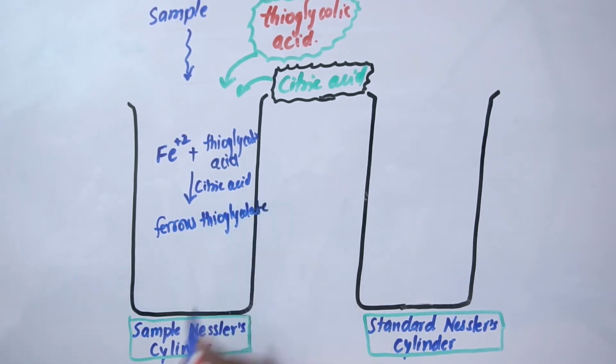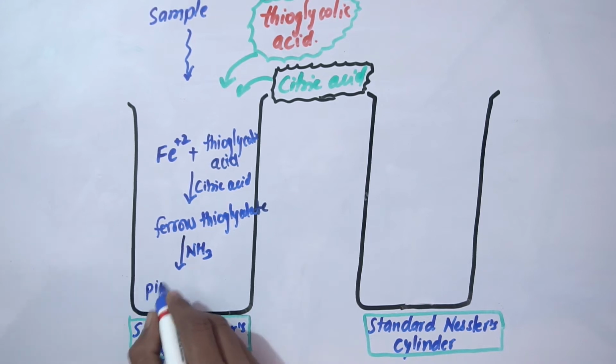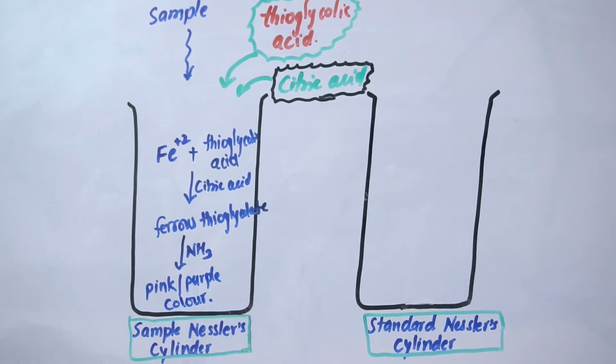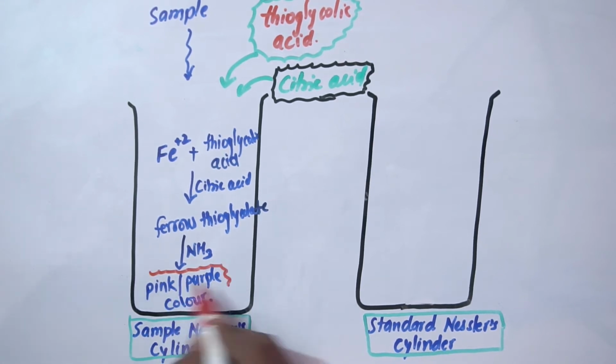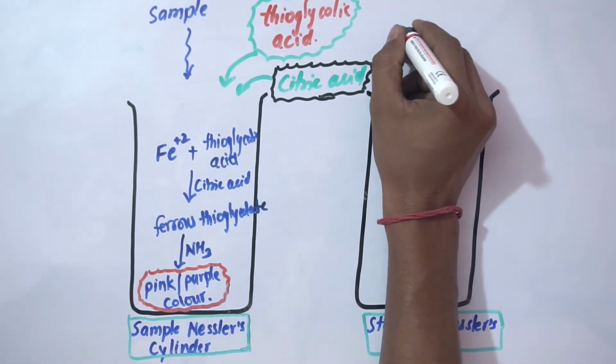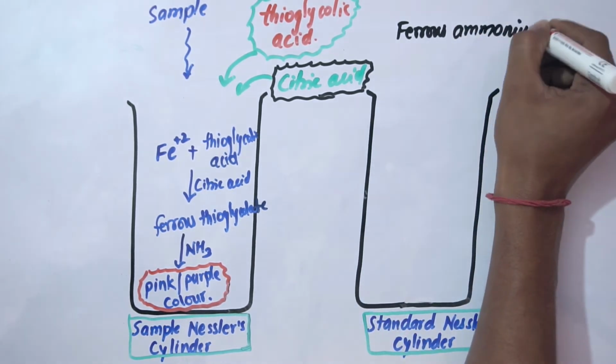This ferrous thioglycolate complex in presence of ammonia will produce pink purple color. Here the ammonia is making the media alkaline, and in alkaline media this ferrous thioglycolate will show pink purple color. Now in the standard Nessler cylinder we are going to add ferrous ammonium sulfate as a standard.